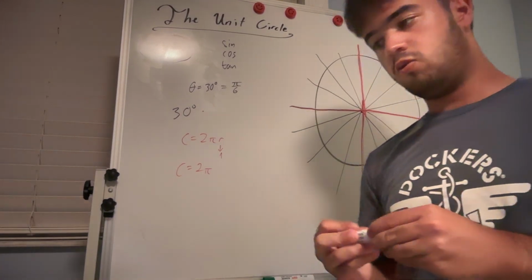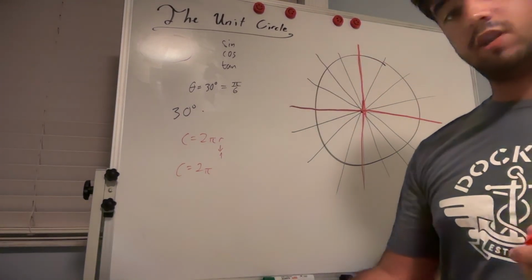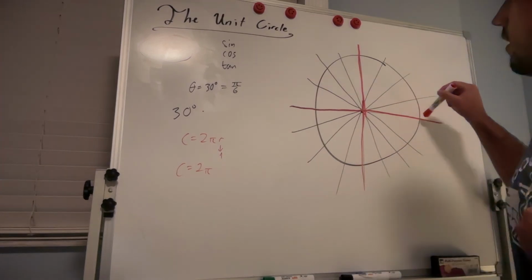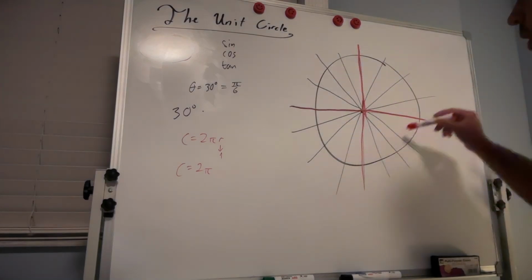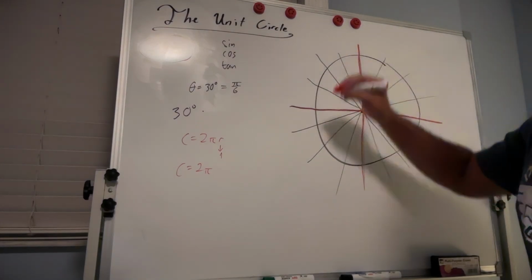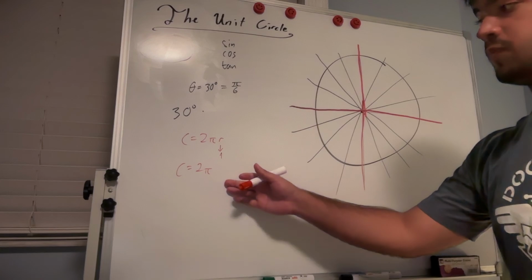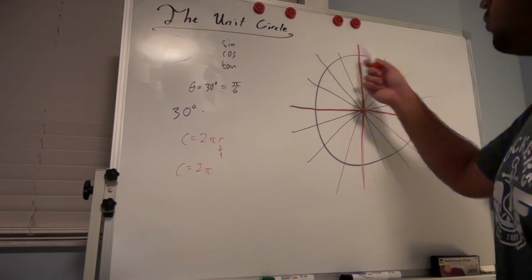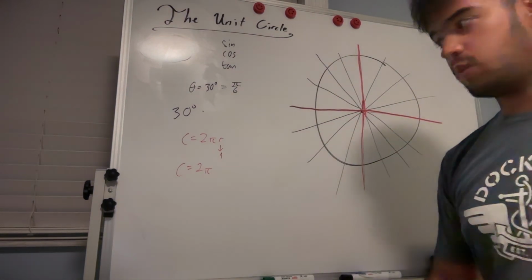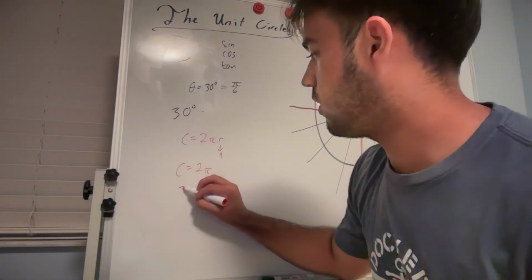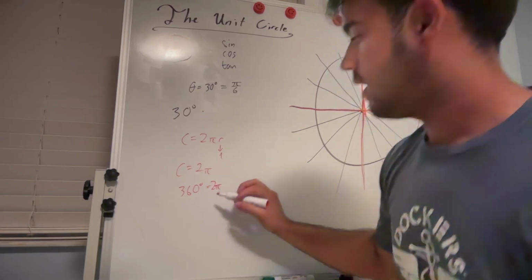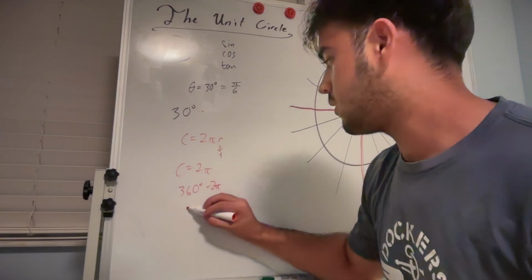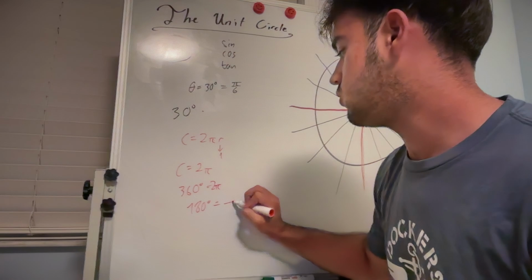And we know that we're going to be working with degrees. So, if one revolution, meaning one loop around the graph, is 2 pi, and we also know that one loop, one circle, is 360 degrees, we can say that 360 degrees is equal to 2 pi, and then we can divide by 2 to say that 180 degrees is equal to pi.